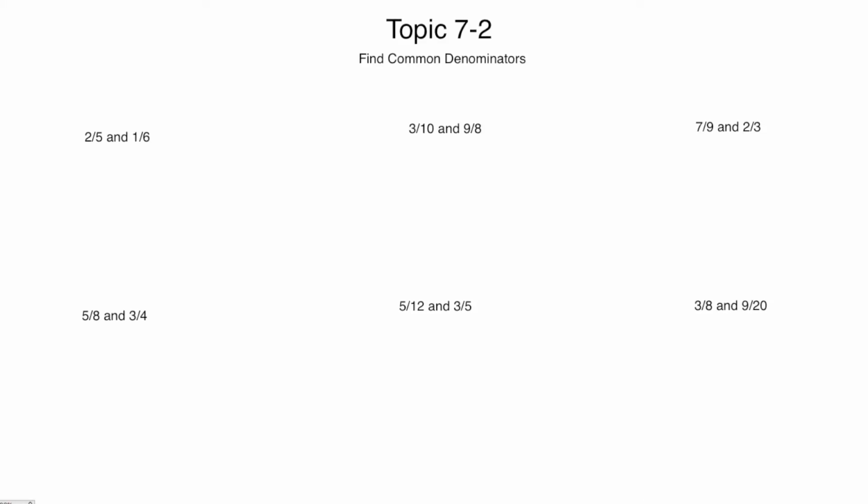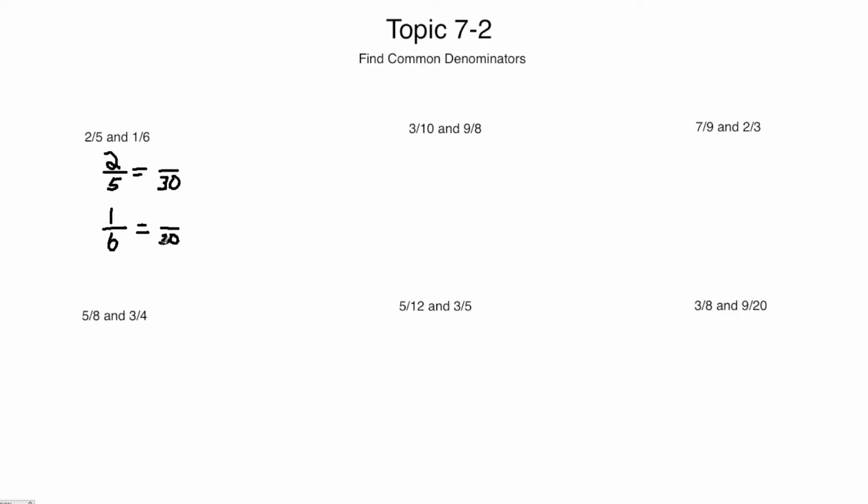It just so happens that 30 is the least common denominator. You could also use 60, 90, and so forth. So, in order to find an equivalent fraction, write equal signs, write your common denominator, 30.